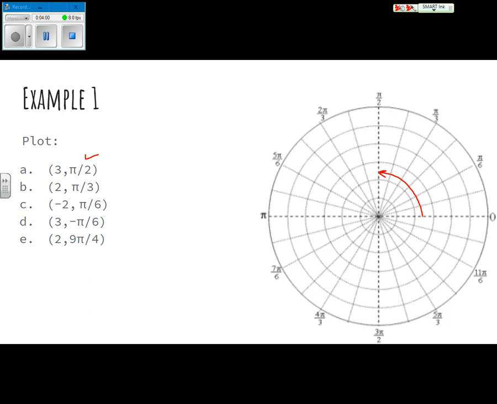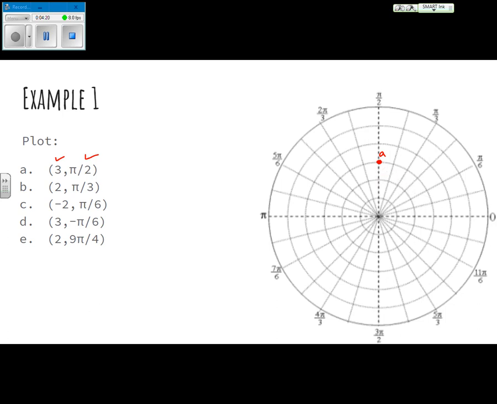To figure out where, that's just how many radii I go from the origin. So I just count up 1, 2, 3. And that would be where that point is. Not too bad. You just have to totally rethink what we have done.